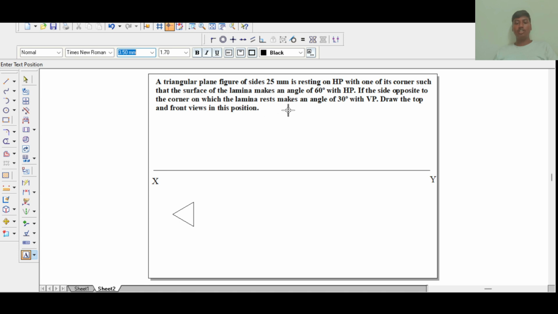Here there is no condition given that the corner must be a specific alphabet, so we can name it however we want.